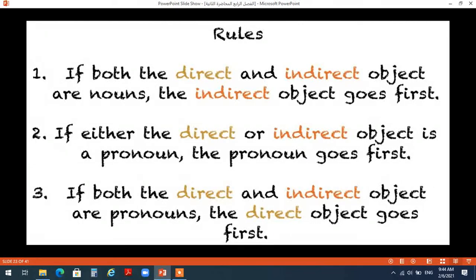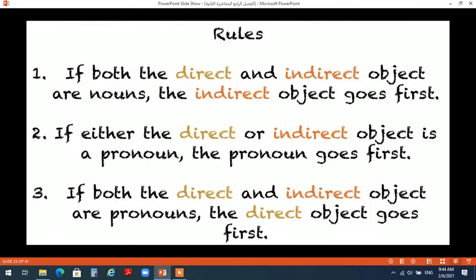These are the three rules governing the position of direct and indirect objects. There are three rules that govern the order of the two objects in the sentence. The first rule says if both the direct and indirect object are nouns, the indirect object goes first.